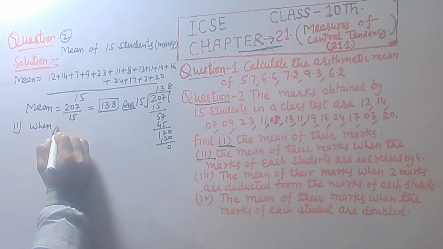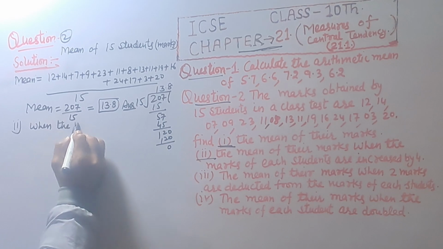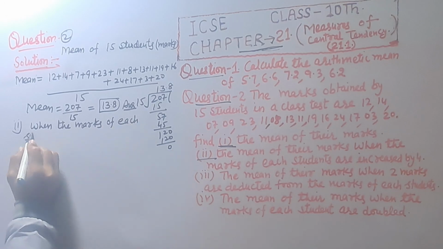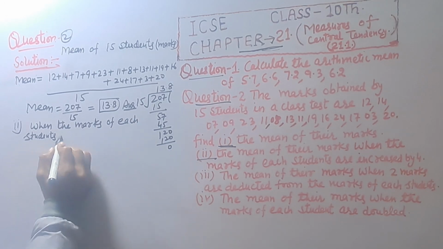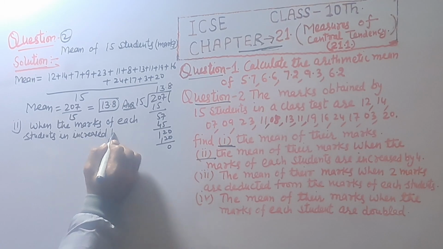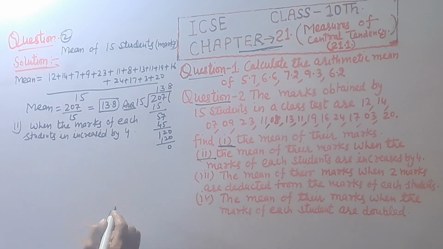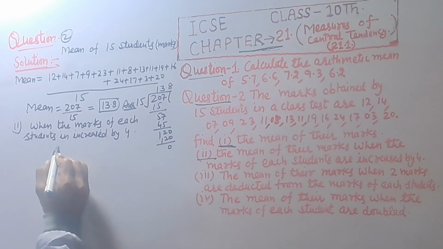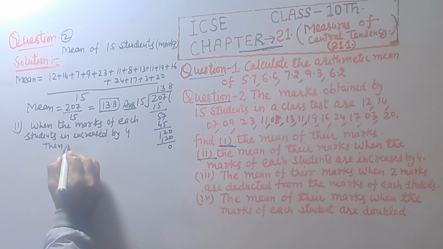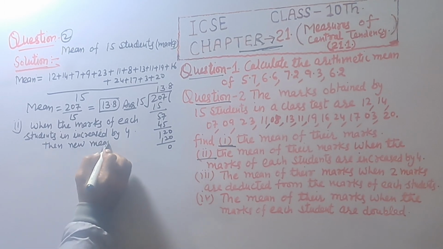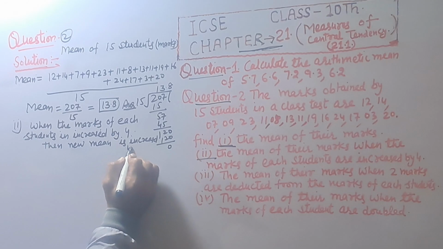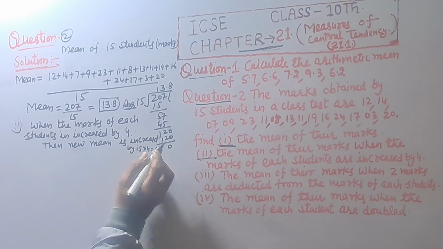When the marks of each student is increased by 4, then the new mean is increased by 15 multiplied by 4, that is equal to 60.